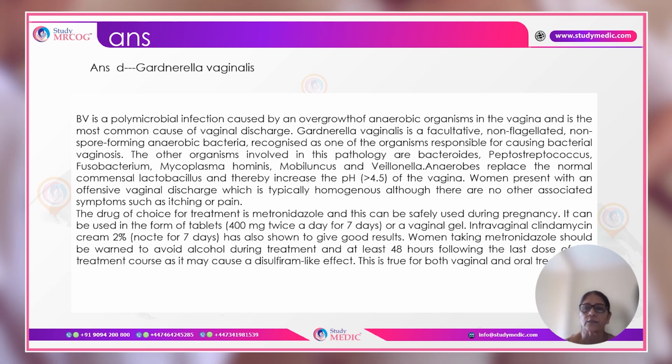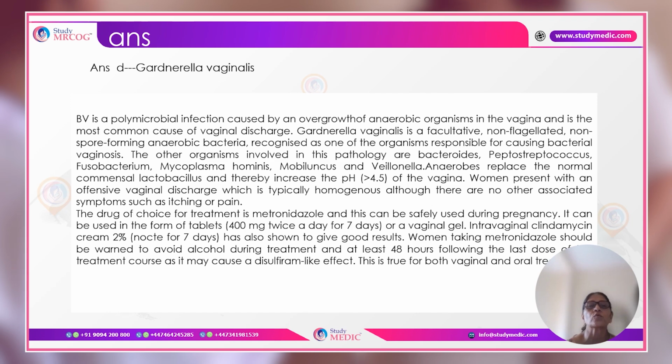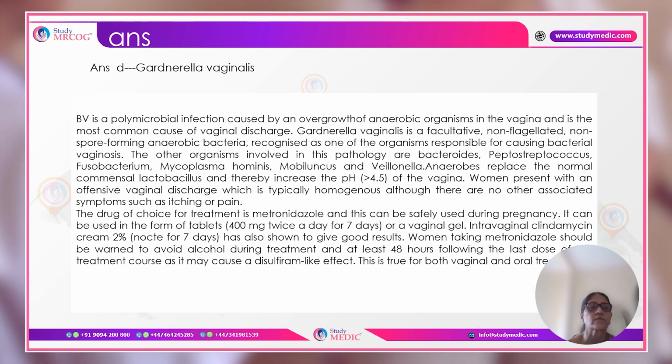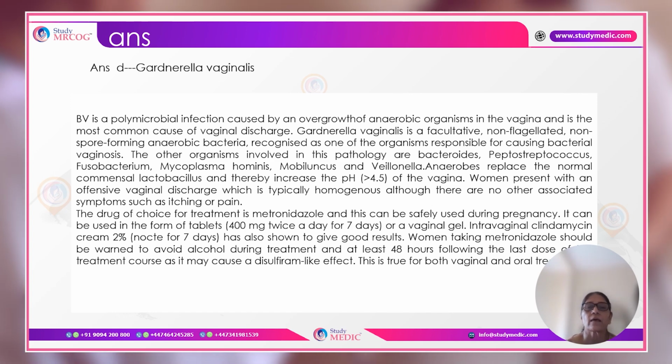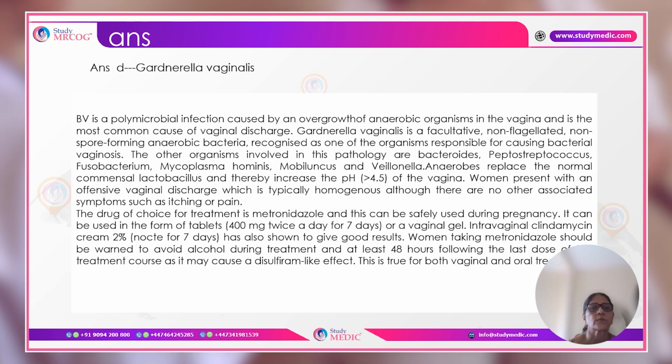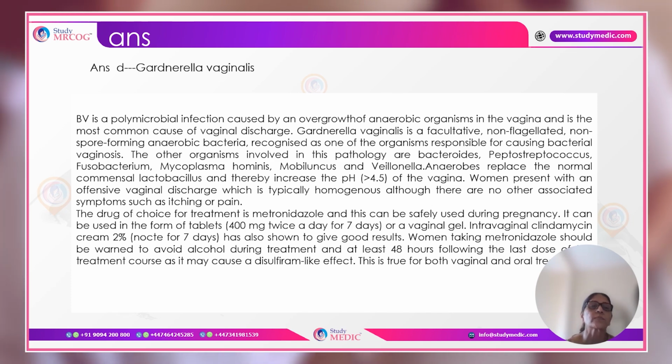Bacterial vaginosis is a polymicrobial infection, and it is caused by overgrowth of anaerobic organisms in the vagina, and it is one of the most common causes of vaginal discharge. Though other bacteria are also implicated, like Bacteroides, Peptostreptococcus, Fusobacterium, Mycoplasma hominis, Mobiluncus, and Veillonella, the commonest organism implicated is Gardnerella vaginalis.